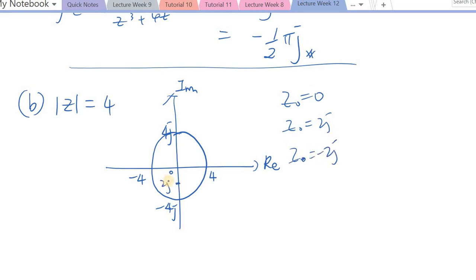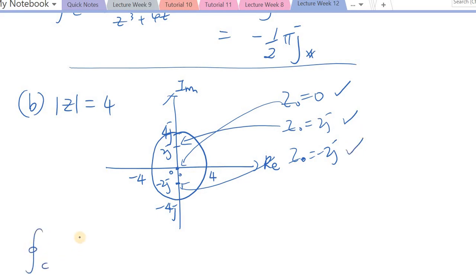So negative 2j is here, 2j about here, and z0 is here. So the singularity z0 is inside the contour, 2j is also inside the contour, and this one here is also inside the contour.